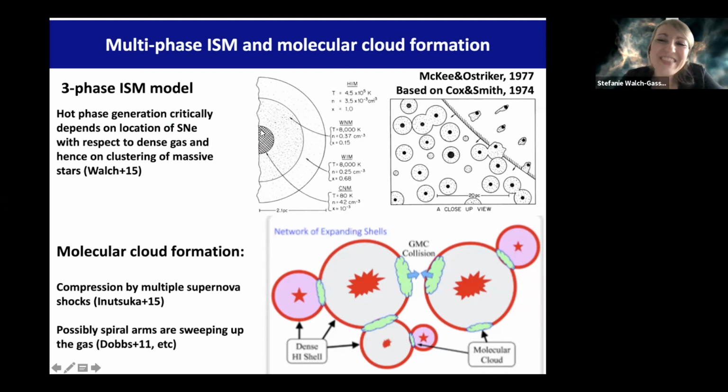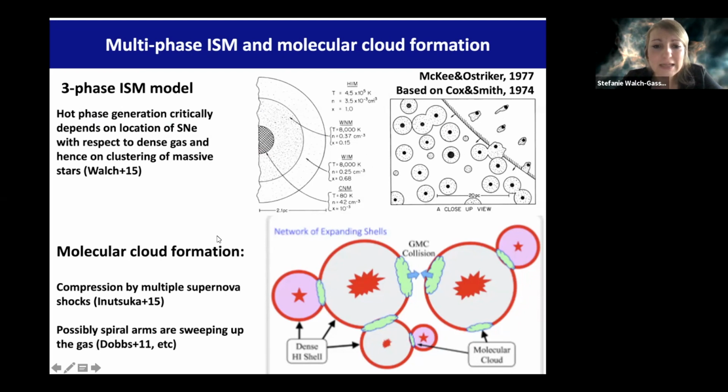Sorry, I wasn't looking. Okay, so there's the old picture by McKee and Ostriker of the three-phase ISM, which, based on Cox and Smith, introduces that the hot medium is produced by supernovae.